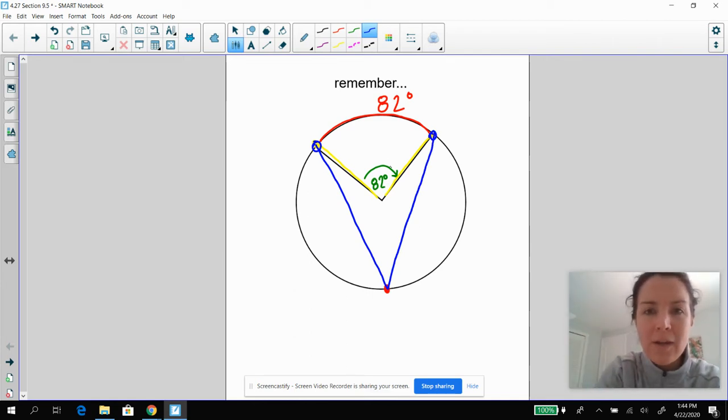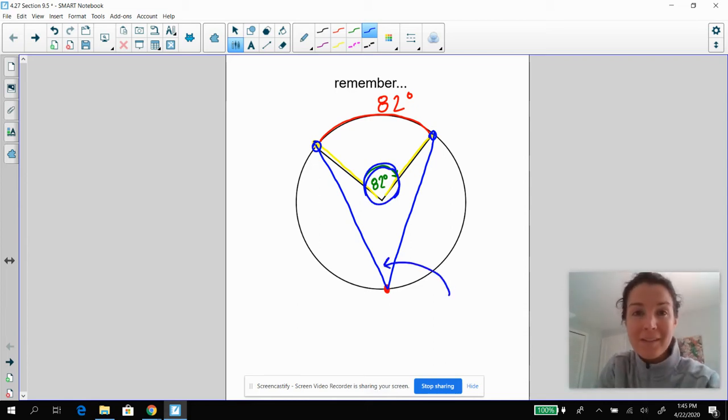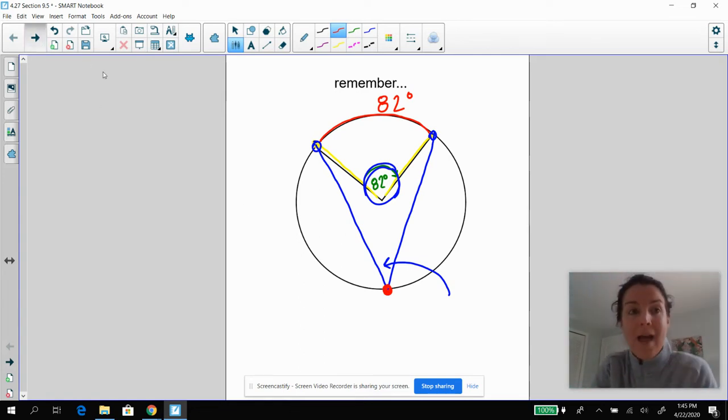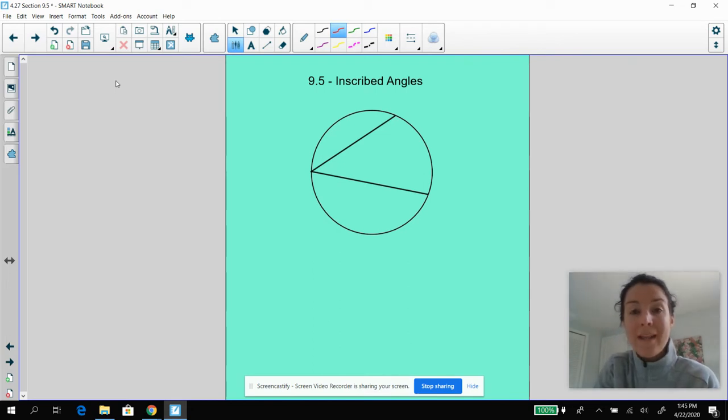Compare this angle right here to this one. Do you see how it gets smaller? It does. So this angle, this one down here, with its vertex on the circle, that is what we call an inscribed angle. And so this section is all about inscribed angles. So again, an inscribed angle is one whose vertex is on the circle.